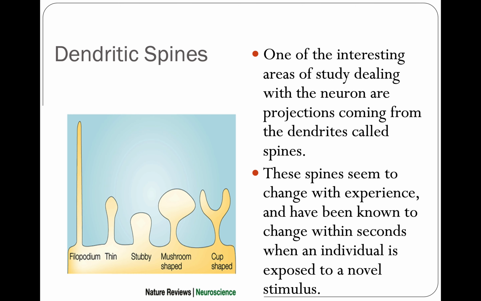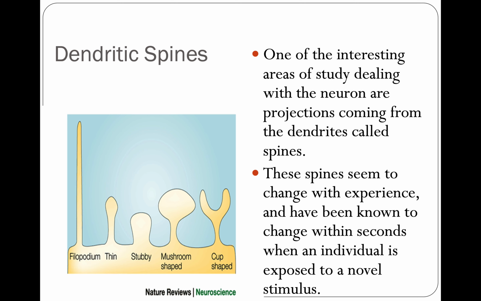One of the interesting areas of study dealing with neurons are projections coming from the dendrites called spines, or dendritic spines. These spines seem to change with experience and have been known to change within seconds when an individual is exposed to a novel stimulus. And that's why you remember things.